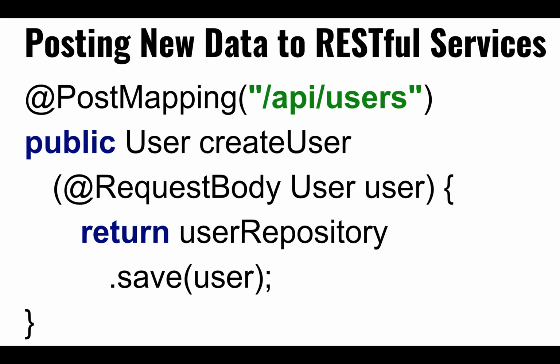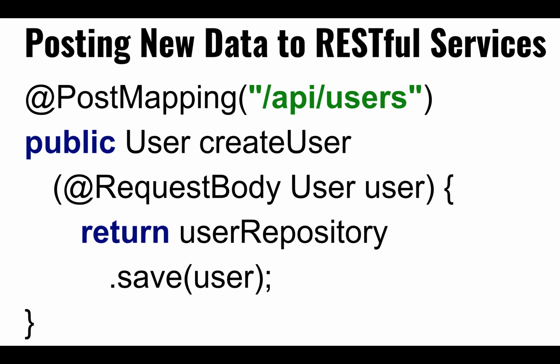So to insert into a database is fairly simple. The CRUD repository that we're extending already declares a function that allows us to save, to insert into the database. So it's the .save. We're saying userRepository.save, and we're going to insert into the database.